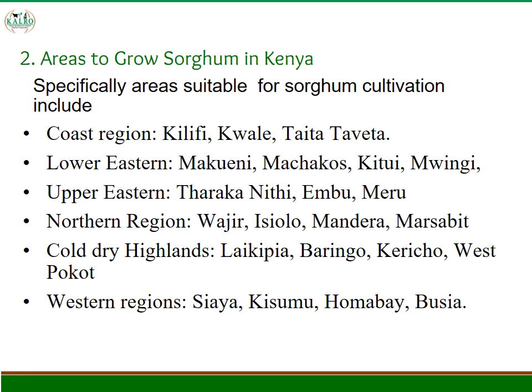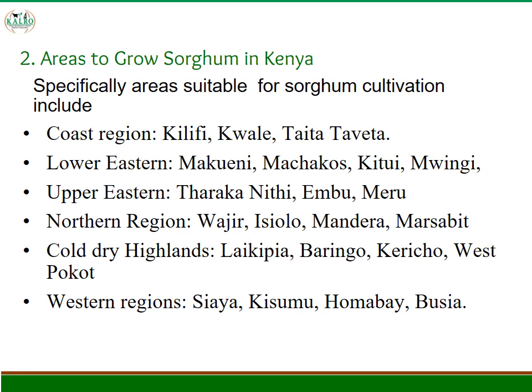In the lower eastern parts, sorghum can grow in Makueni, Machakos, Kitui, and Mwingi. These are areas where there are some varieties which can grow there. And then the upper eastern is Tharaka Nithi, Embu, and Meru. So when I was talking about dry lowlands, I was talking about the lower eastern and the upper eastern parts of the country.